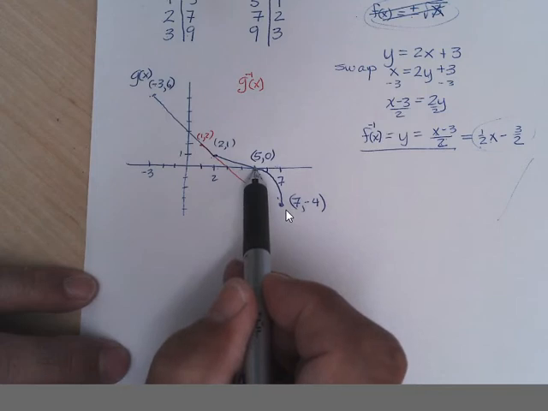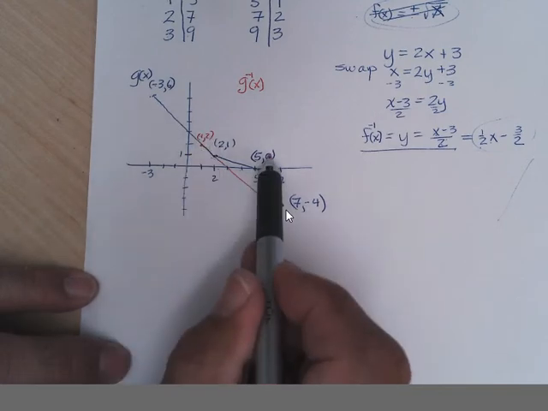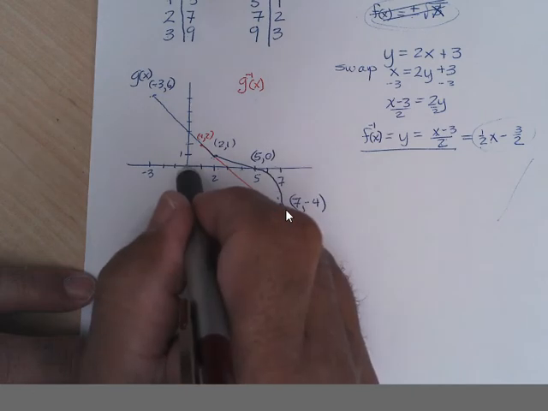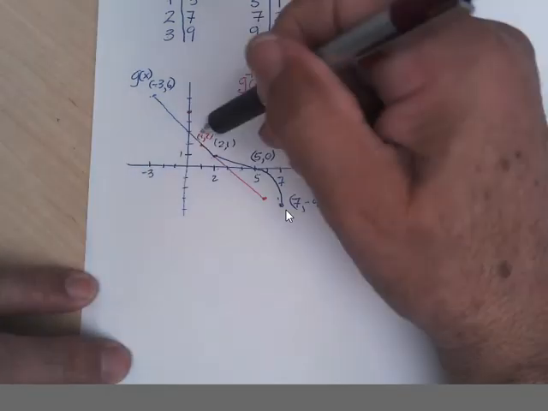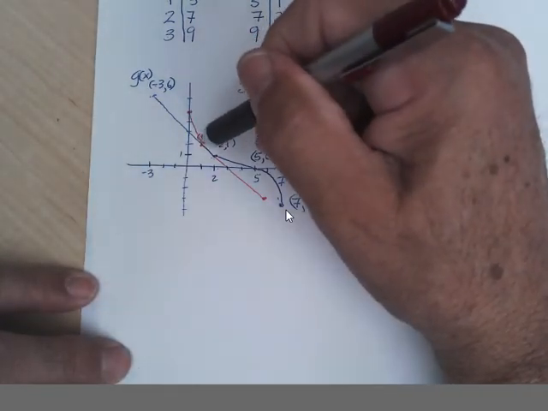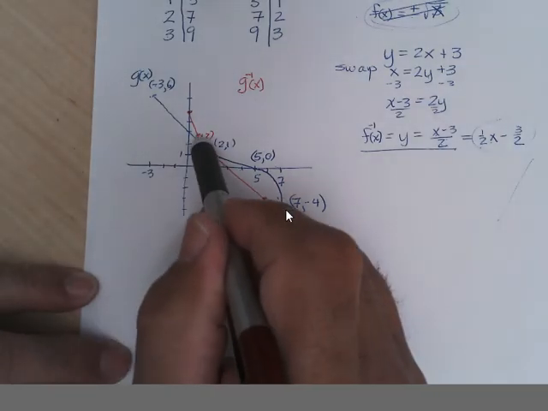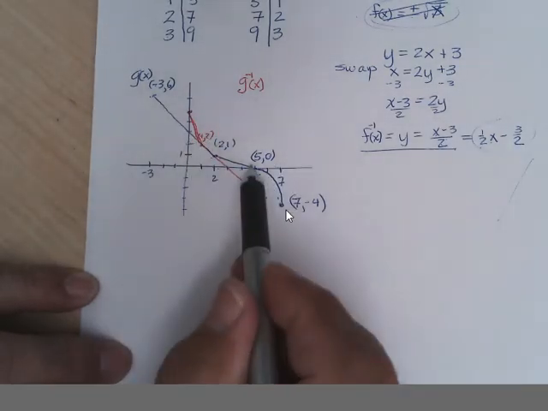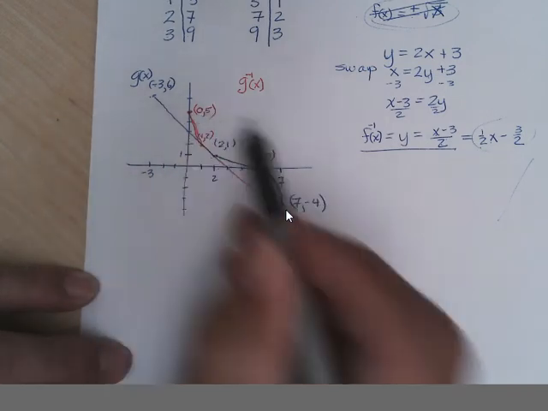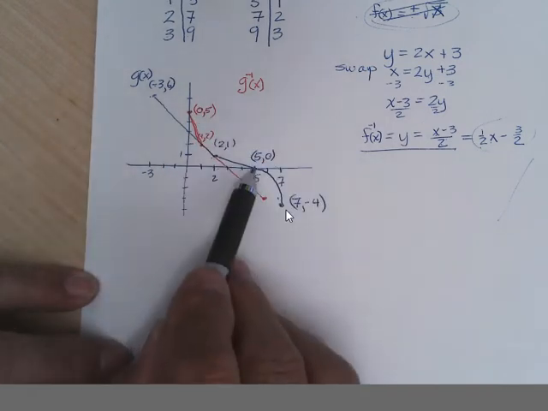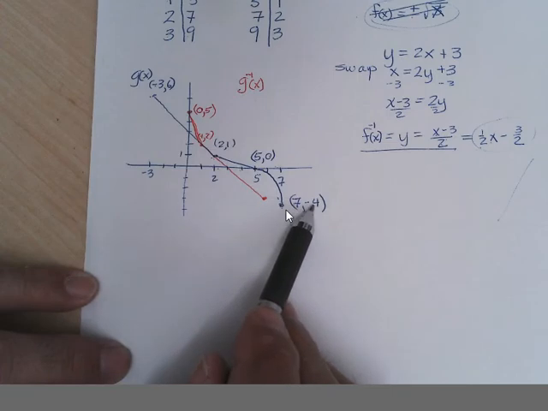So the inverse would connect the (1, 2) to (0, 5). 0, 1, 2, 3, 4, 5. So these points end up here if I switch all those. And this last part, (0, 5), is connected this way to (7, -4).